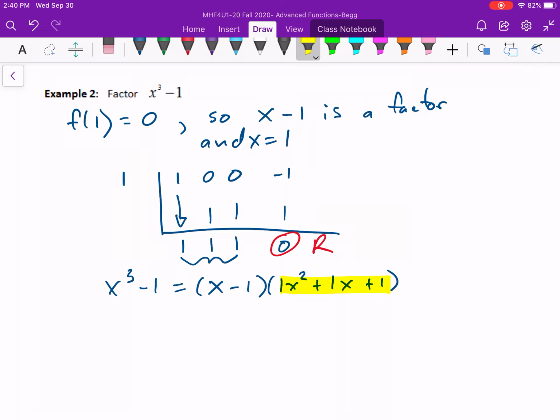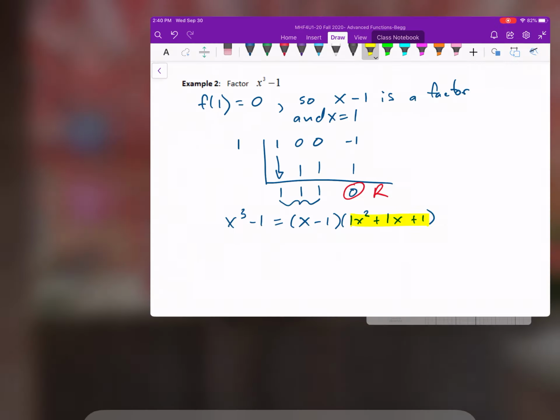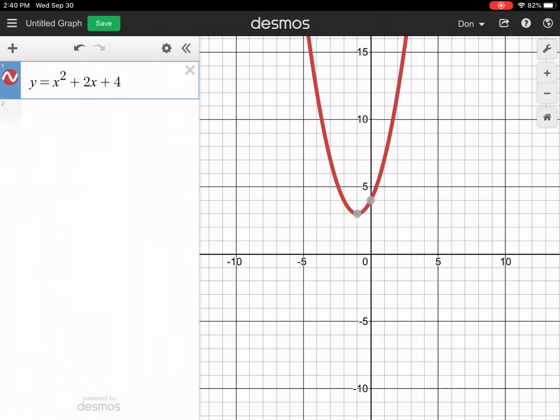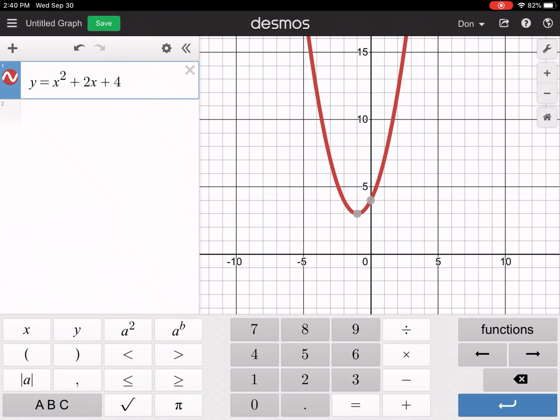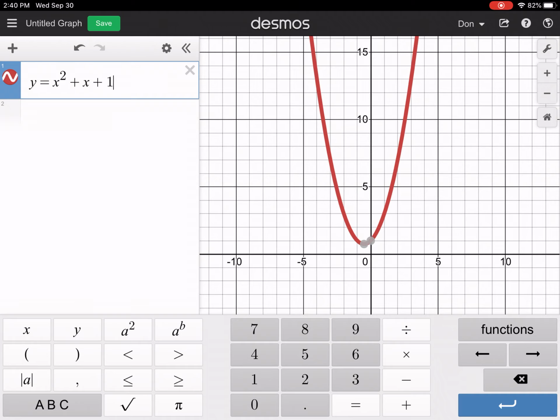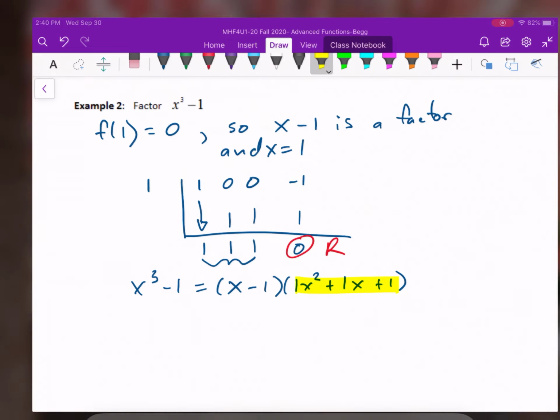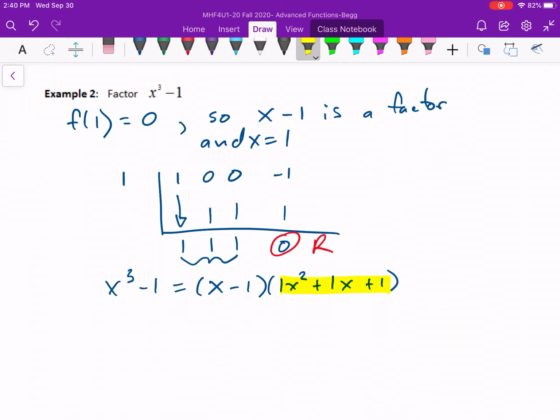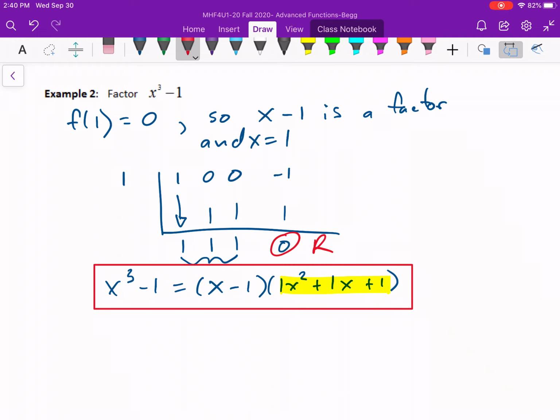What two numbers multiply to give 1 and add to give 1 as well? I could again try the discriminant, but let's just go to Desmos since we've got it handy here. Once again, we see that our graph does not touch the x-axis, has no zeros. If I were to do the discriminant, I'd get a negative number again. There'd be no more solutions. So once more, we're stuck. This is as far as we can go for factoring this.